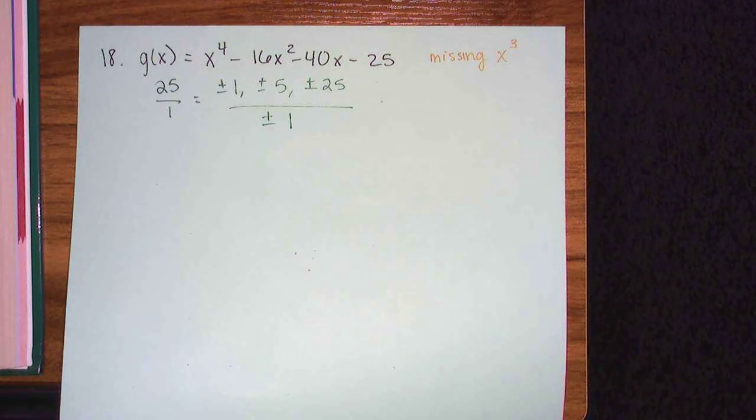So this one ends up being nicer than I thought. This is an x to the 4th problem, so it is a little harder in a sense, but it just has fewer numbers. You'd have to test all 6.